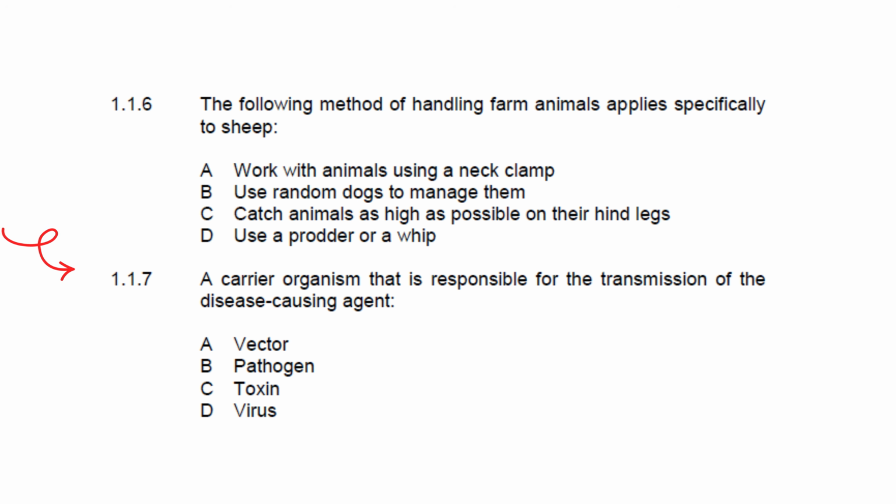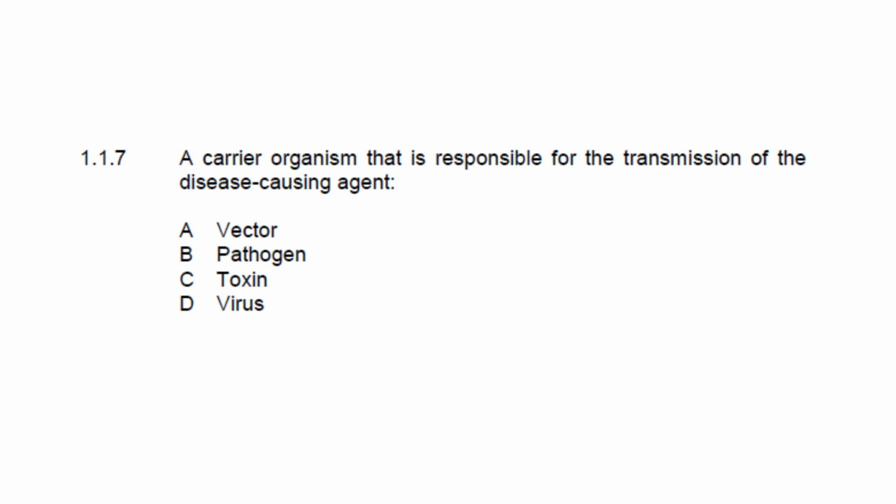A carrier organism that is responsible for transmission of the disease causing agent. So what is a carrier organism? We have vector, we have pathogen, we have toxin, we have virus. A vector, number 1, is an organism, whether it's a tick or a mosquito.